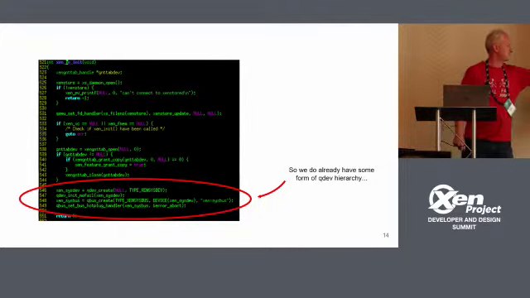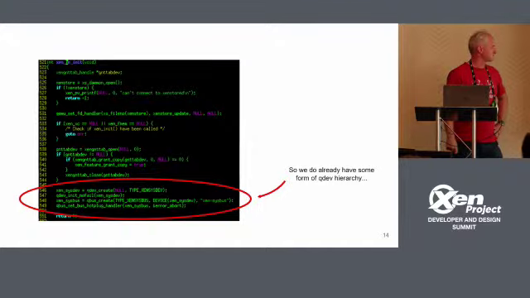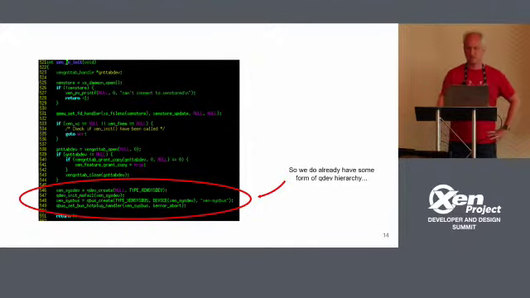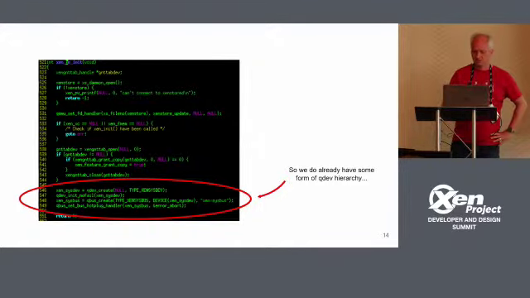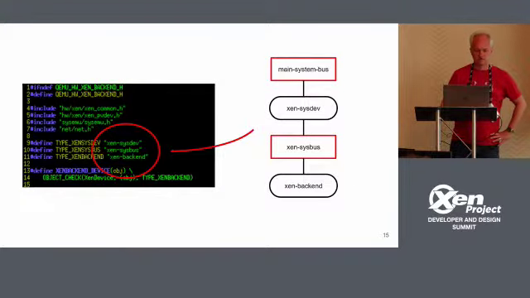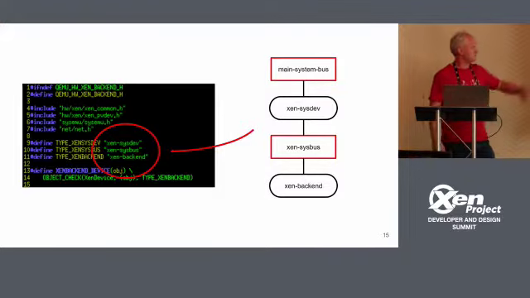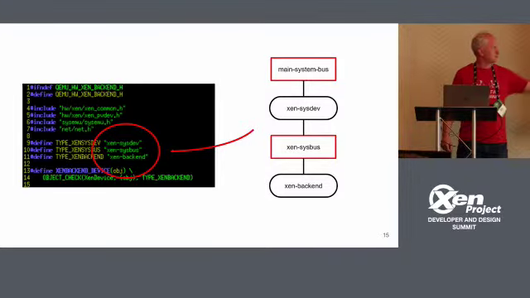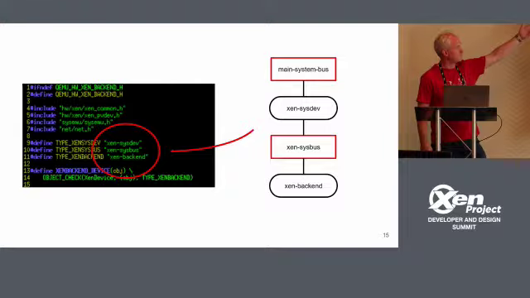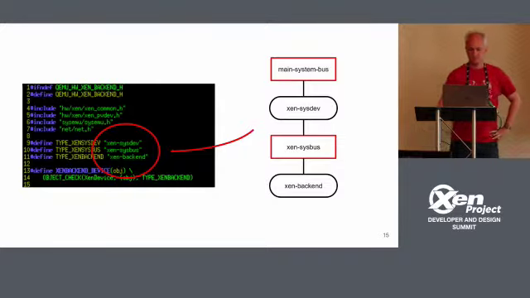Then it creates a bus hanging off of that device. This is the basics of qdev. If we look at the header file where those types are defined, you can see there's also a third type there, Xen backend. That essentially means we have this hierarchy: the main system bus enumerates the Xen sysdev, that enumerates the bus, and that enumerates the backends.